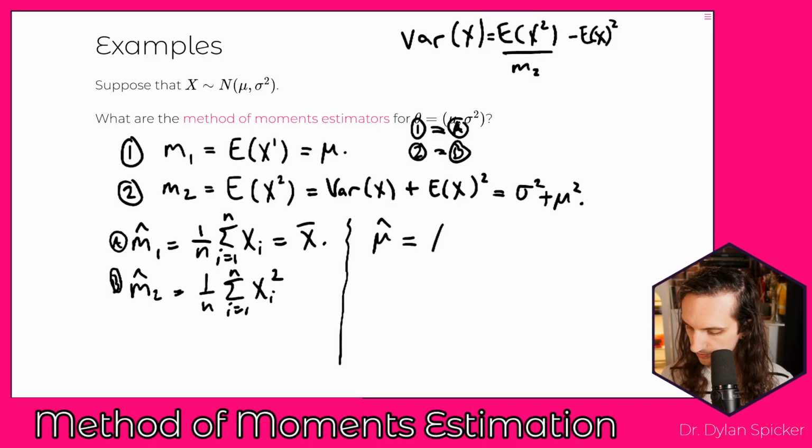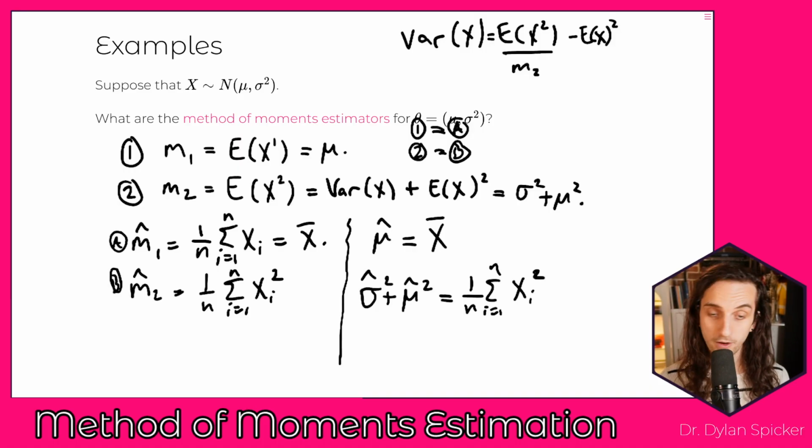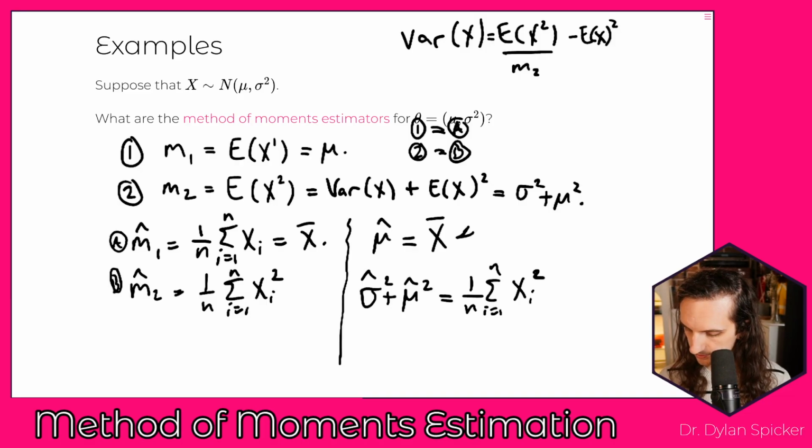Okay, and so doing that, mu hat is going to have to equal A, which we found was x bar. Okay, and then for 2, we're going to get sigma hat squared plus mu hat squared is going to have to equal 1 over n, the sum from i equals 1 to n of xi squared. And so we've already solved for what mu hat is, so we can use this to solve this second equation for sigma hat squared.